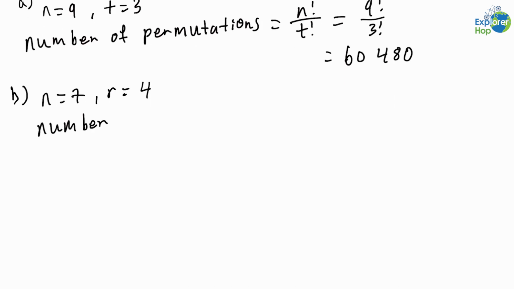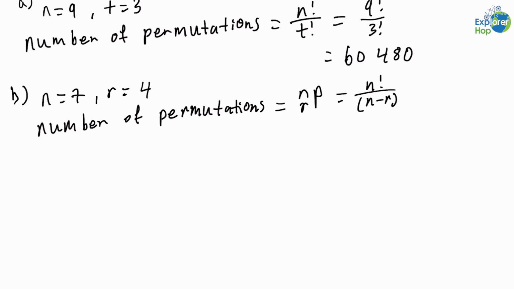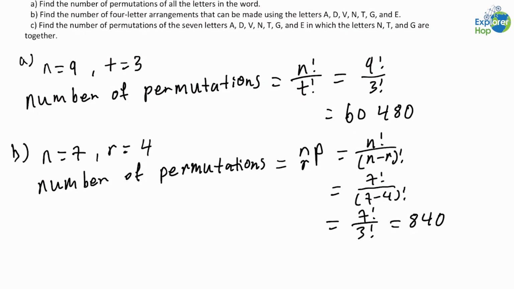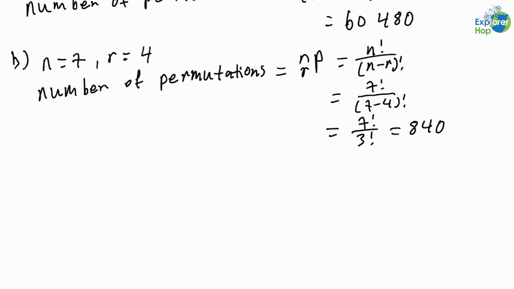So the number of permutations is equal to n permute R, which is equal to n factorial divided by n minus r factorial, which in this case is equal to 7 factorial divided by 7 minus 4 factorial, which is equal to 7 factorial over 3 factorial, which gives us 840. So that gives us the number of 4-letter arrangements that can be made using the 7 letters.